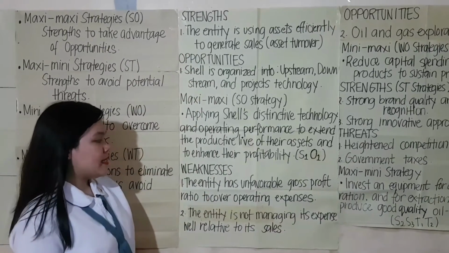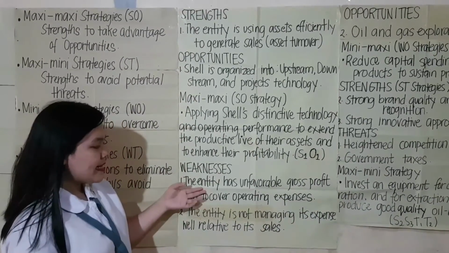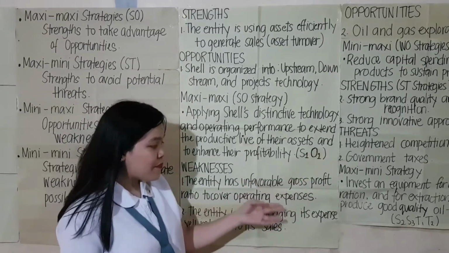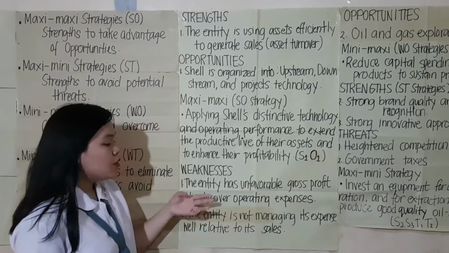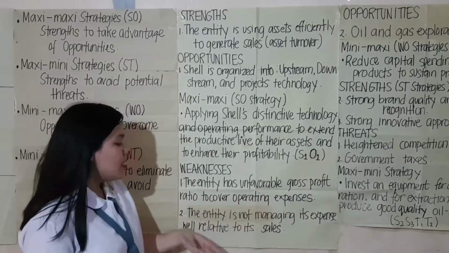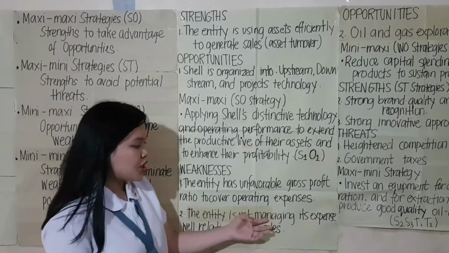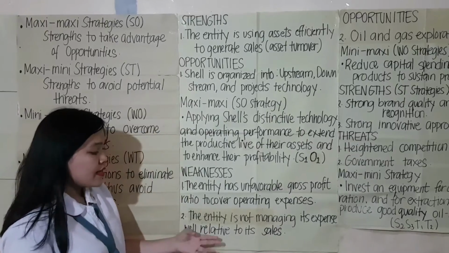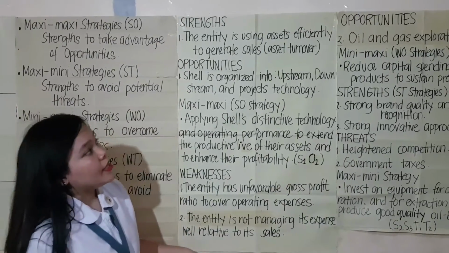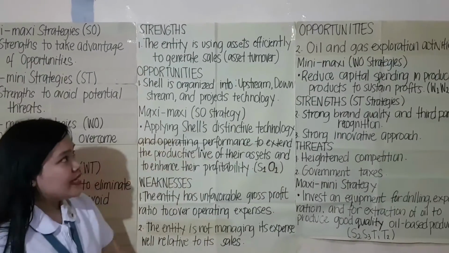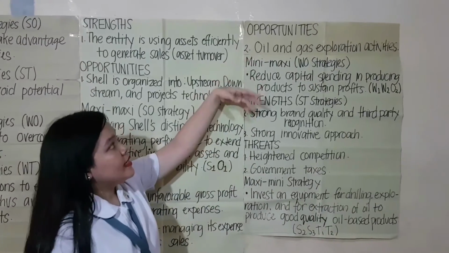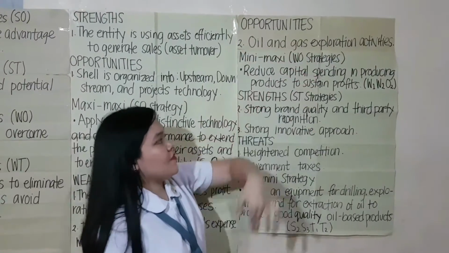The next one is the weaknesses. The entity has an unfavorable gross profit ratio to cover operating expenses. Their number two weakness is the entity is not managing its expenses well relative to its sales. And the number two opportunity is oil and gas exploration activities.